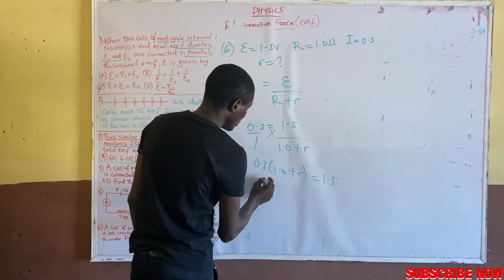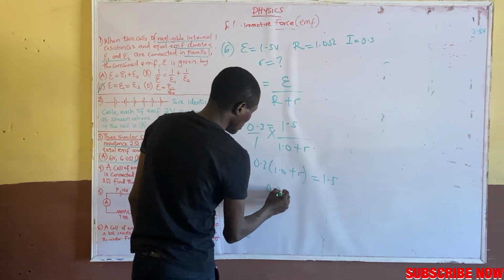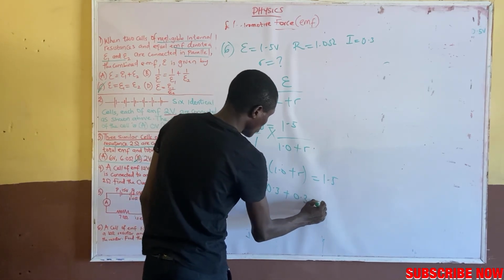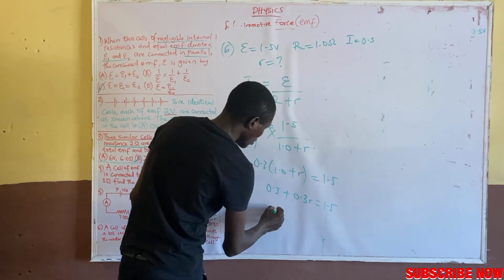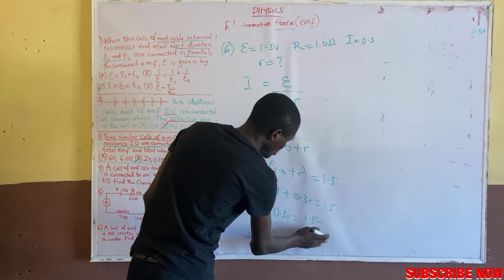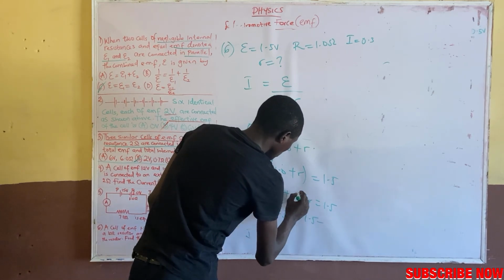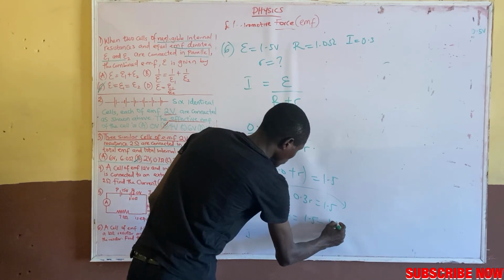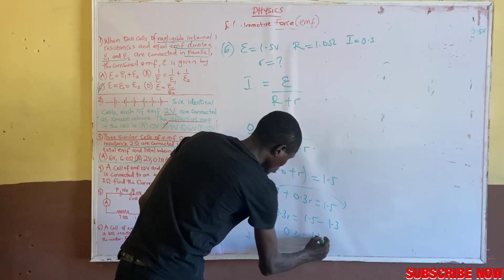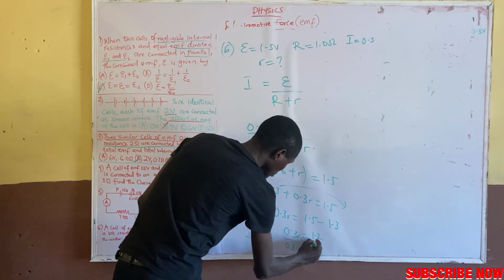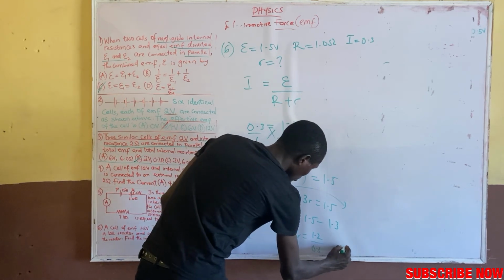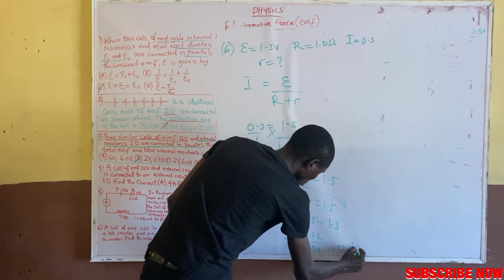So this is 0.3 plus 0.3R equals 1.5. So 0.3R equals 1.5 minus 0.3, which is 1.2. R is equal to 4 ohms.